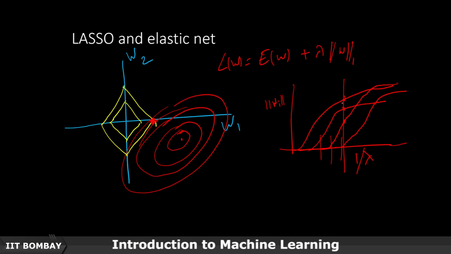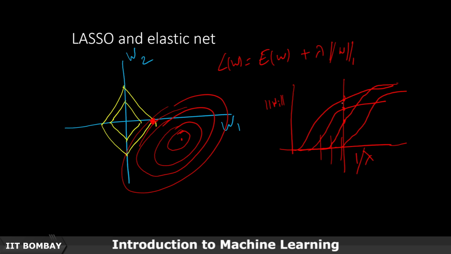Okay, so in lasso, by changing lambda, I can do both: estimating the ML model, whatever is in E(W), which could be a linear regression model or a logistic regression model depending on the problem, and I can also do subset selection. The same thing I can do with something called elastic net.